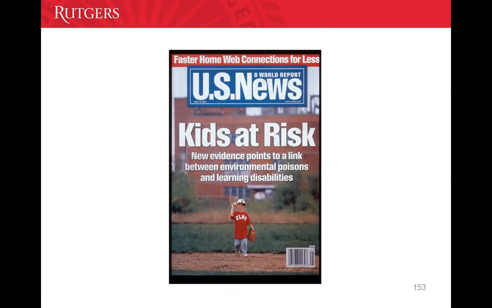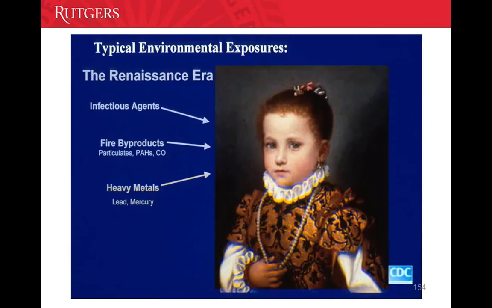It's been pointed out on more than one occasion. Here's a cover from U.S. News and World Report from back in 2000 about environmental risks associated with learning disabilities in children. This is one I stole from now Dean Howard Frumkin at the University of Washington, but when he was at the CDC, I borrowed this presentation slide.